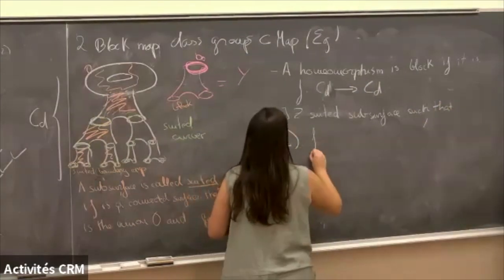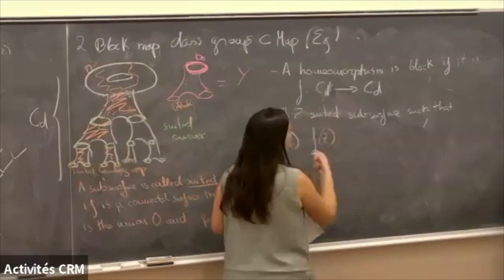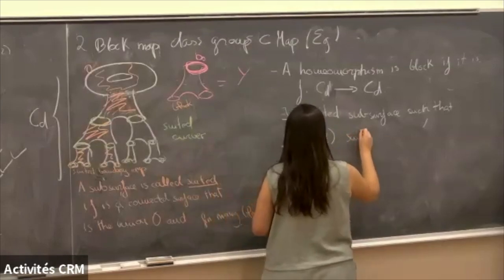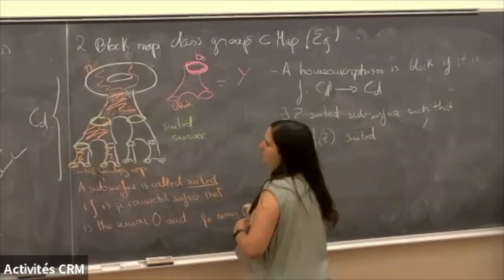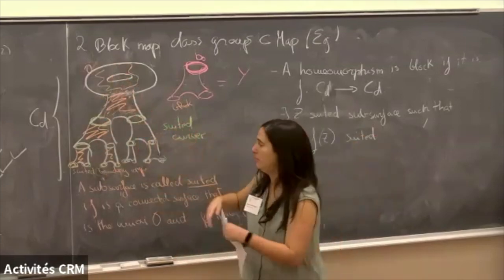One, this homeomorphism sends Z to something that is also suited. So for example, it sends this to this.